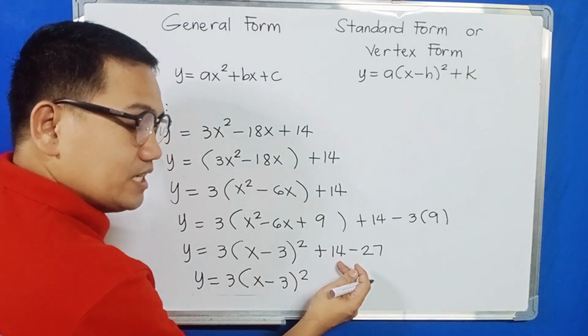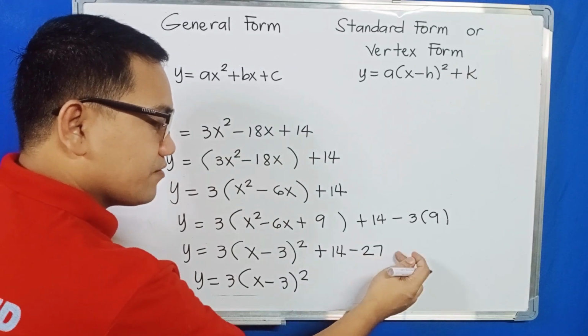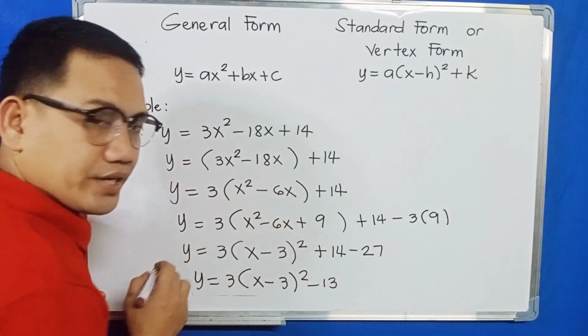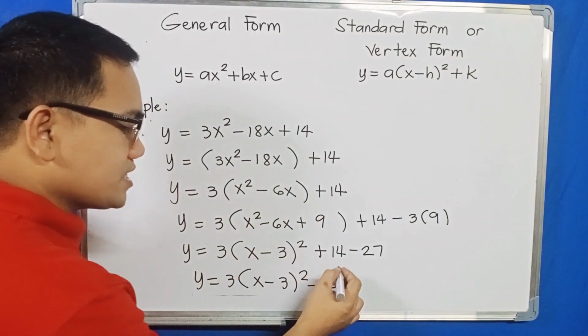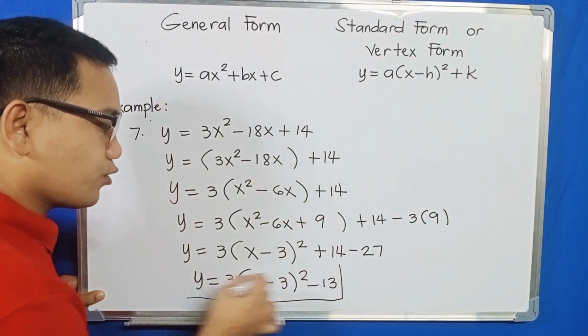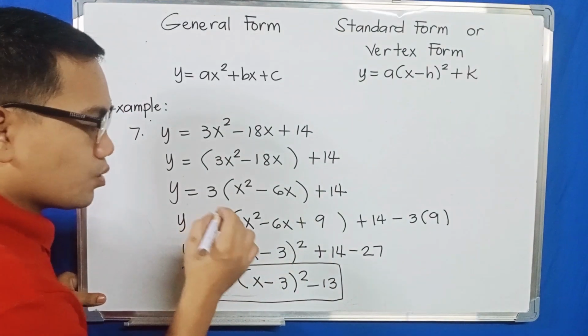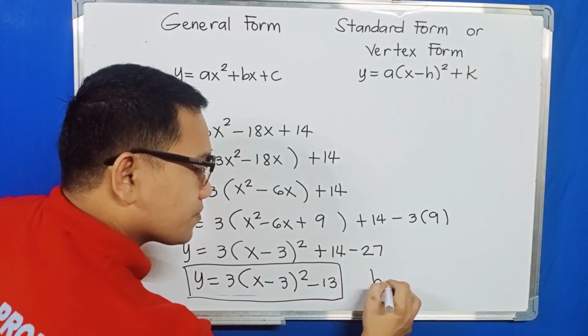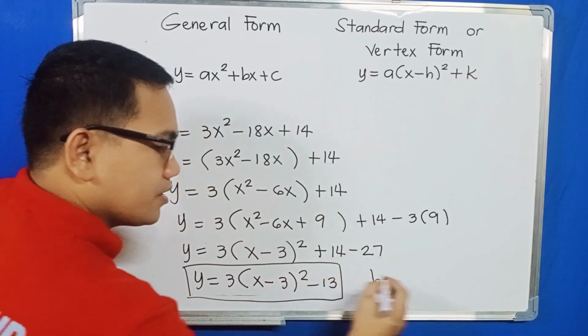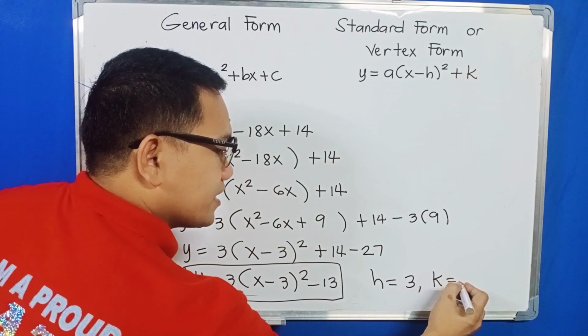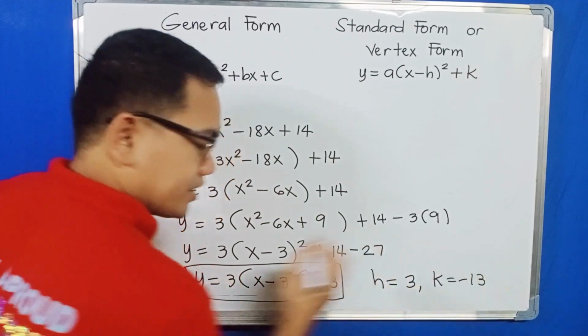Combining 14 minus 27, the result is negative 13. So this is now the vertex form of our quadratic function. So our h here is 3 and our k is negative 13.